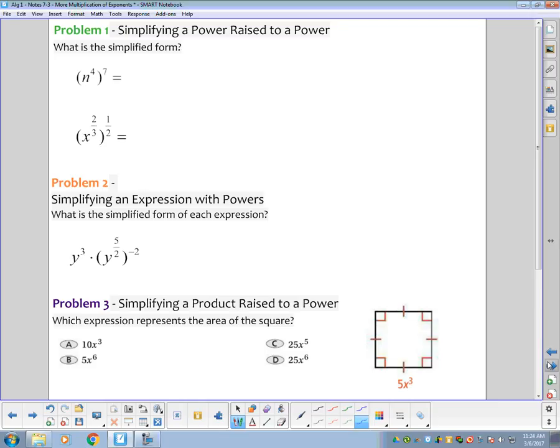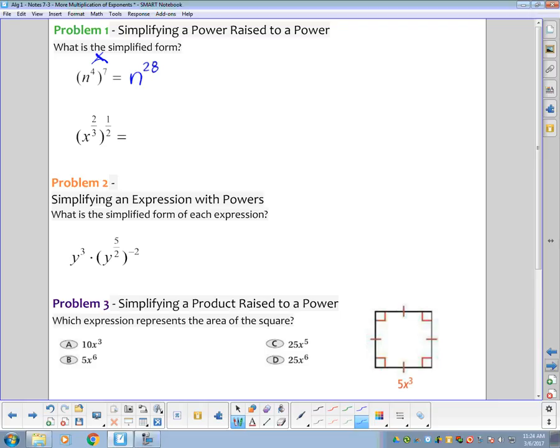So what am I doing with the 4 and 7 right here? Multiplying. Okay, don't freak out because it's a fraction.